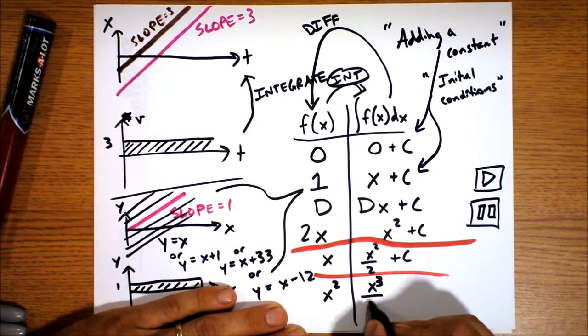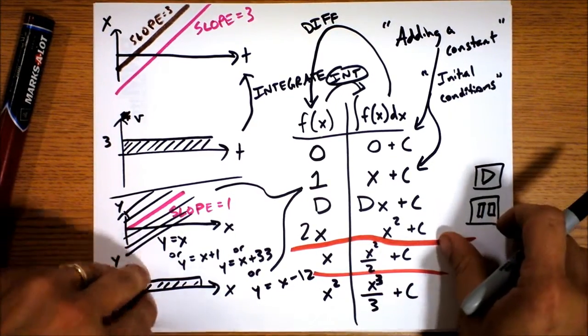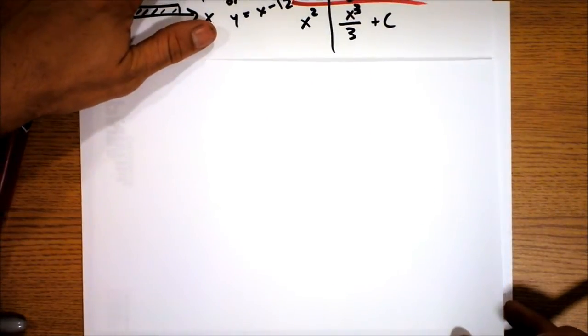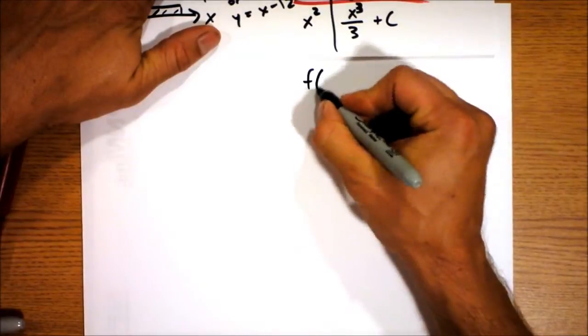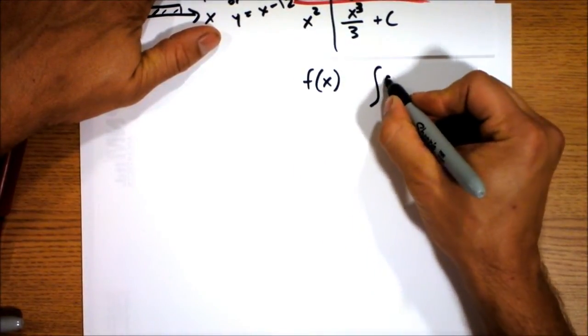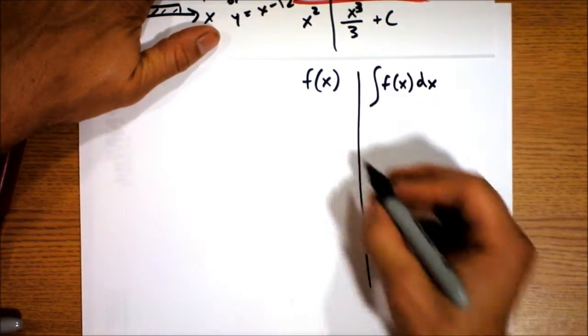So I need to divide that by 3 and then add my constant. Let's continue this same procedure on the next sheet. I'll just write my headers back here again, f of x and the integral of f of x over x.